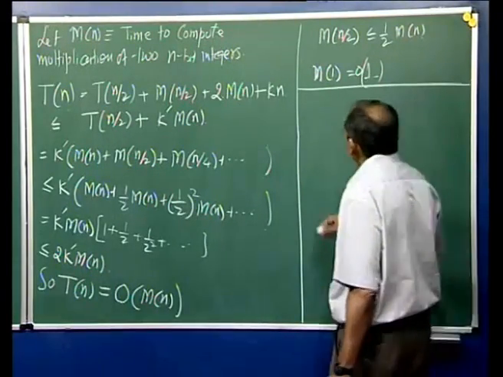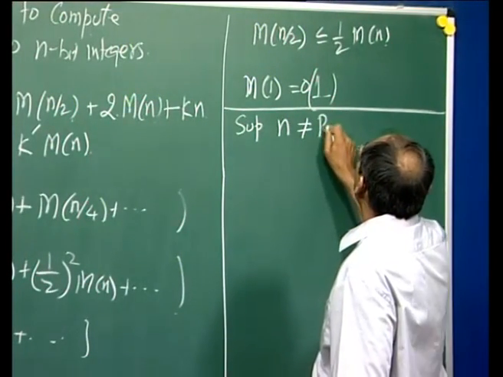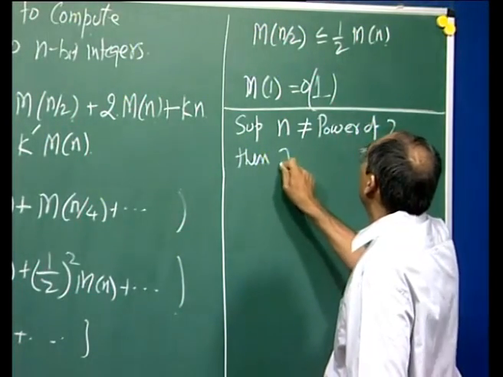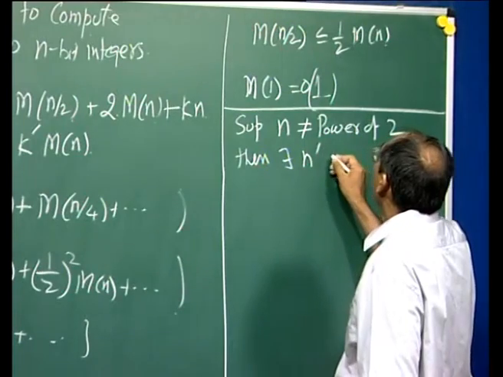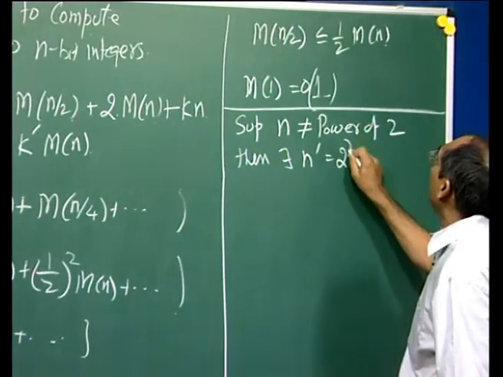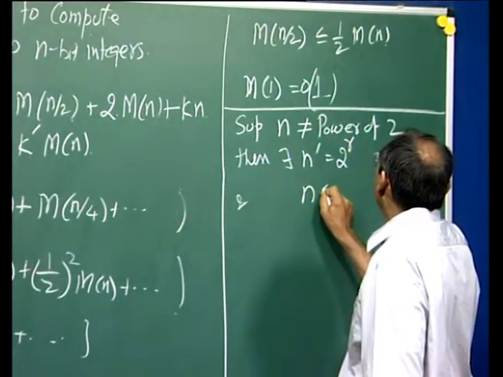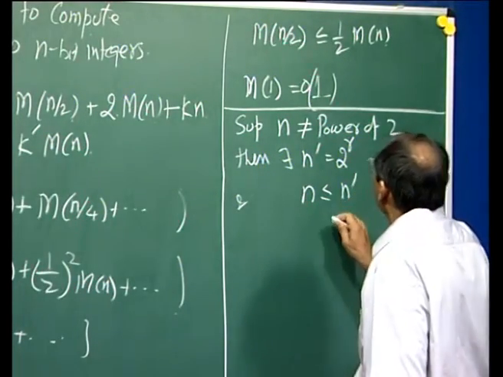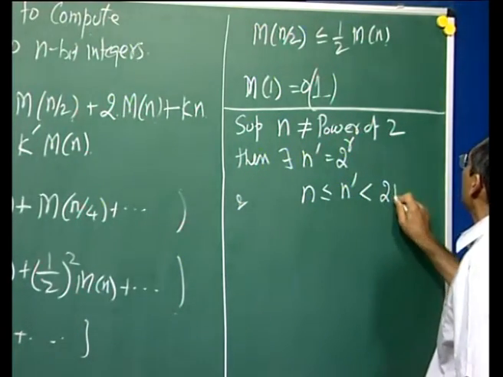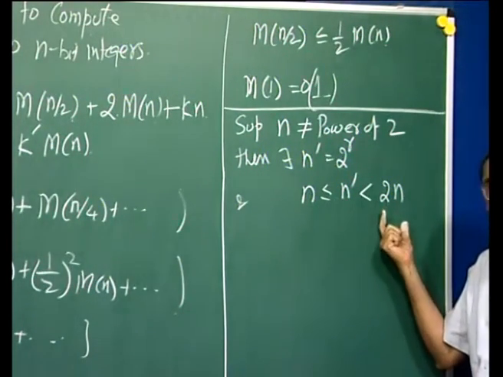Well, suppose n is not a power of 2, then there exists n prime which is 2 power some r, and n is less than n prime, since it is not equal, and n prime will be less than 2n. There is always a power of 2 between any number and its double.